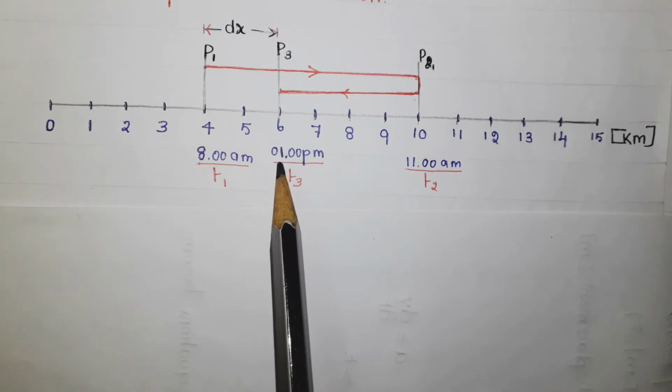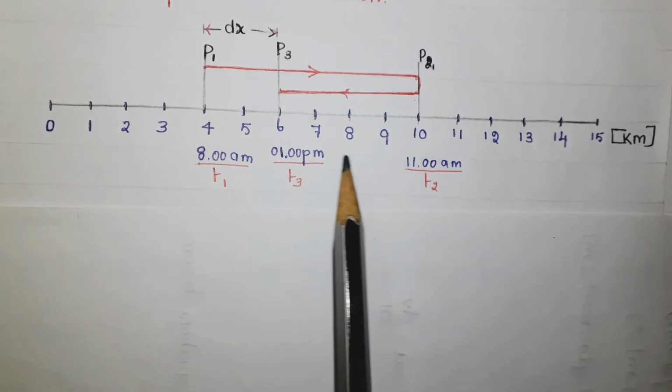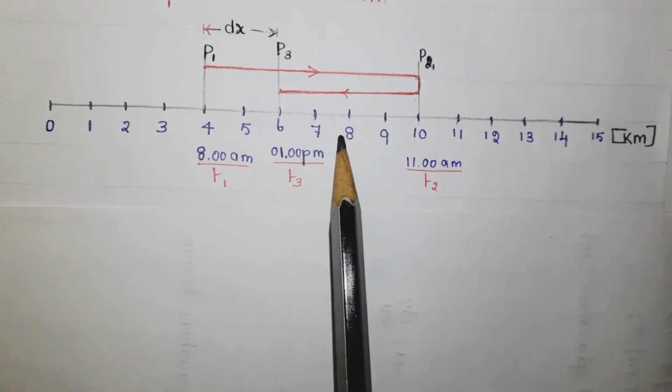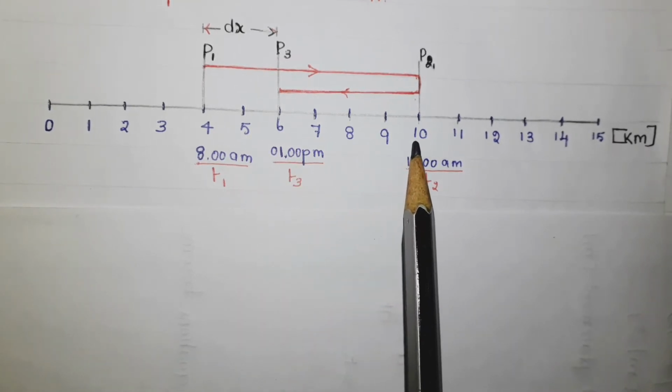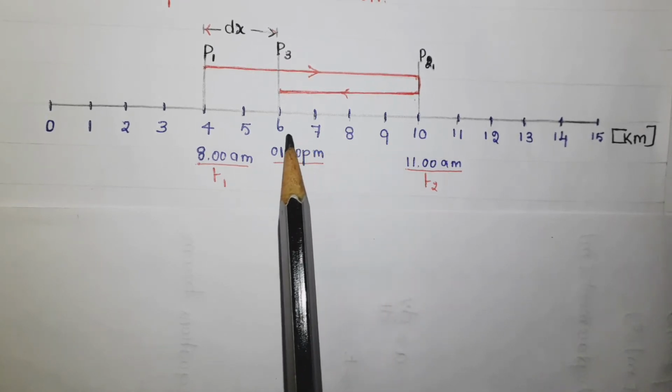Now the total distance: from p1 to p2, it travels around 6 kilometers, 1 2 3 4 5 6 kilometers. Then again it comes back to p3, the final position, by traveling 4 kilometers.